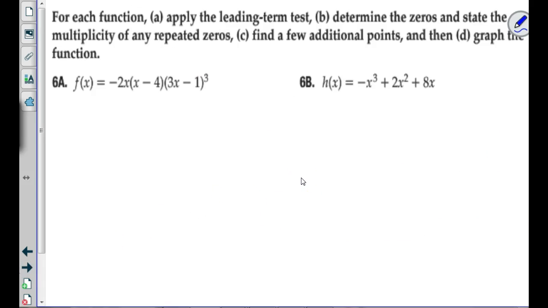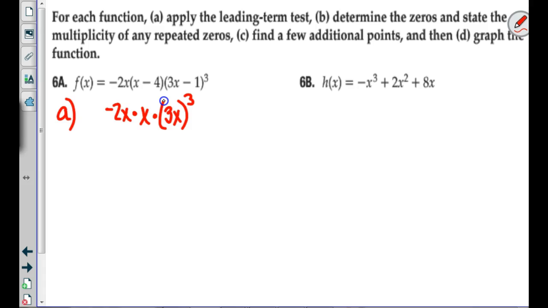So that's our job here. Part A says apply the leading term test. This means figure out what the degree and leading coefficient are. Okay, what you want to do is just look at the x's. There is a -2x. In here, there's a power of 1x. But back here, there's a 3x that's being cubed. I'm ignoring the shifts left and right and stretches and all that kind of junk.